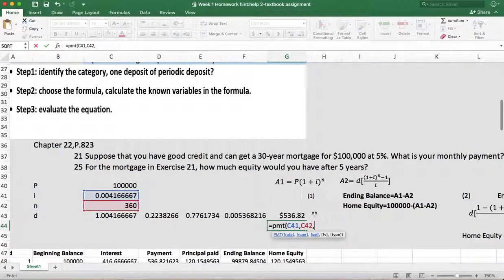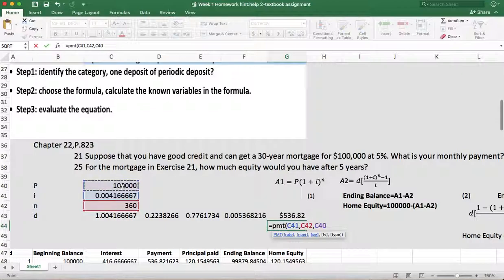comma, and then PV, present value. For this problem, present value is the loan you borrowed.